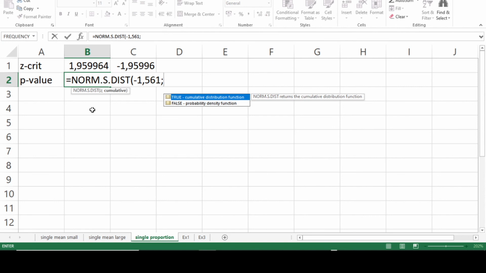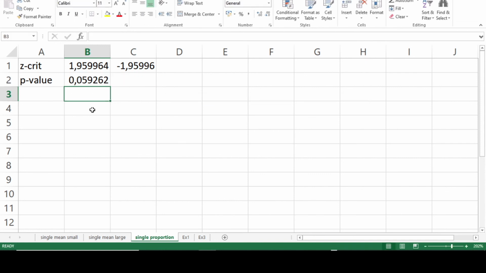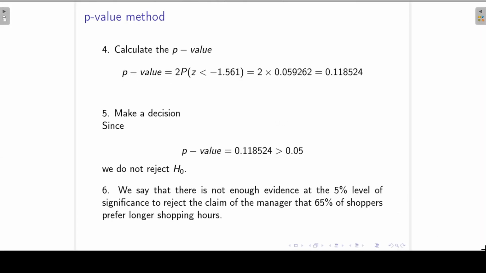So we can type in true, or you can just type in the value 1 for true, and we get 0.059. And to get the p-value, remember, because it's a two-sided alternative, we will just multiply this by 2, and that is our p-value. And there you can also see that we have exactly the same p-value here on the slide.